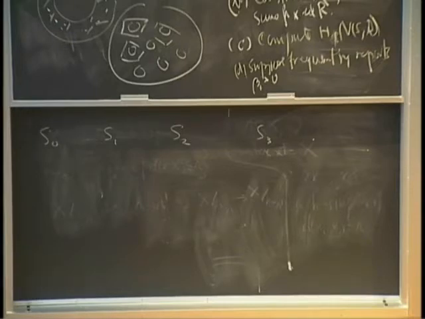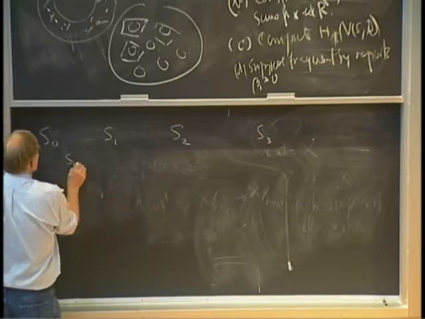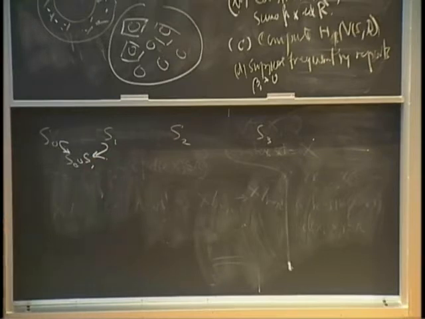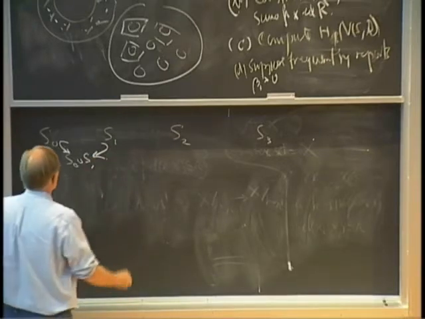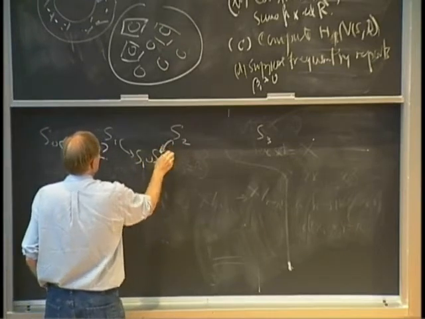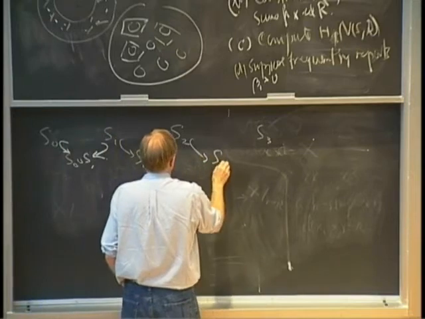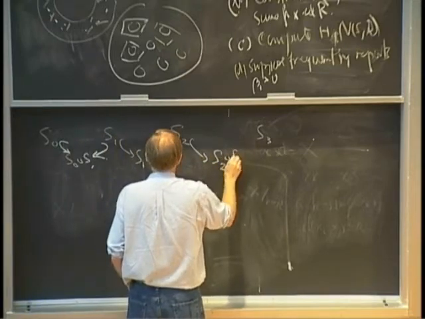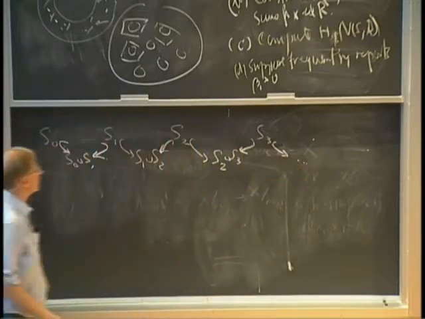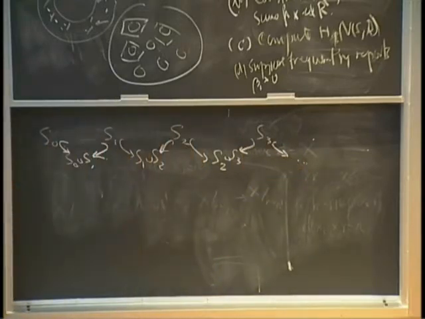But now, of course, what I can do is build the union like that. And both S0 and S1 will include in the union of S0 and S1. And so forth. So now I have a diagram, and I would call this a zigzag diagram.